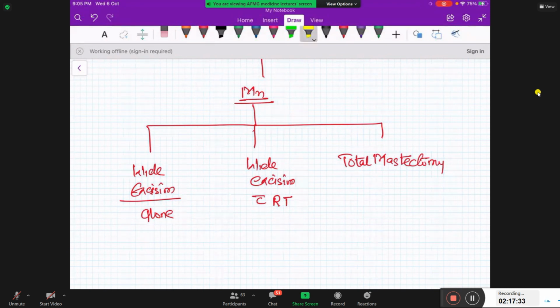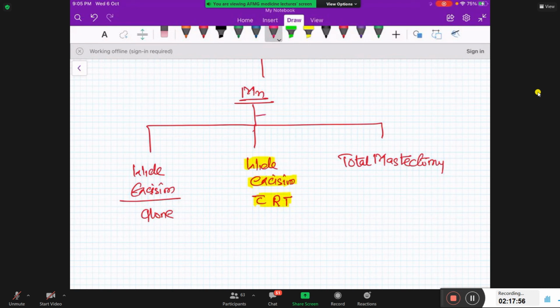And out of these three treatment options, the preferred one is wide excision with radiotherapy. The preferred treatment option for a DCIS is wide excision with radiotherapy.